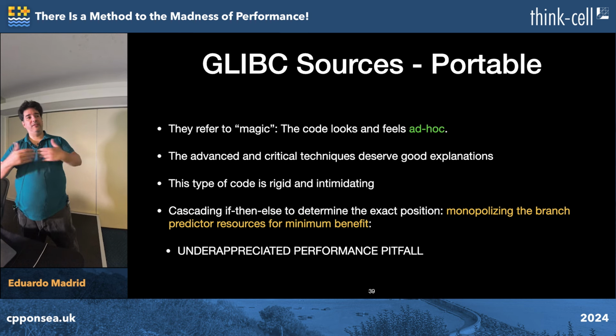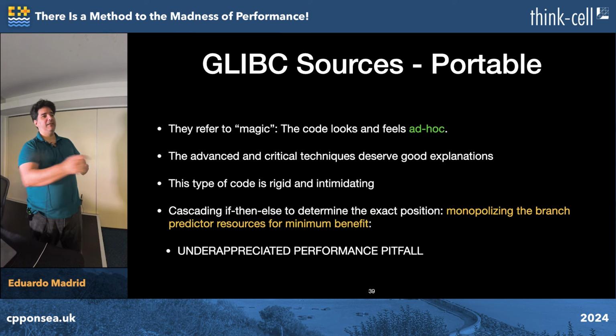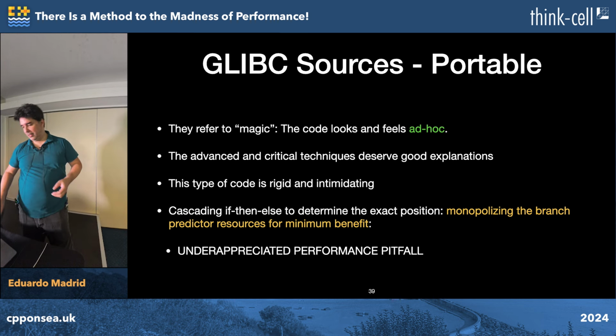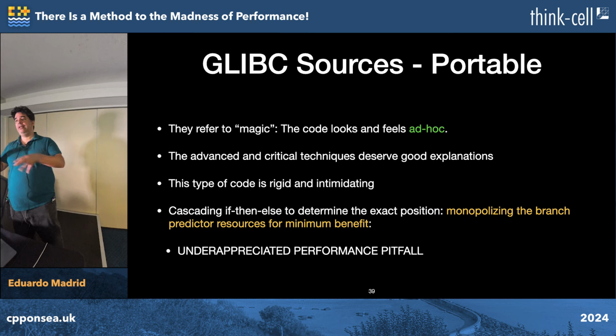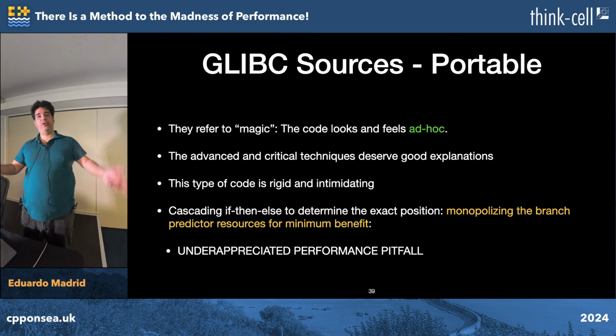You can naturally see what's going on, and therefore you feel amenable to saying, oh yeah, I'm just going to make this change because I know that it's going to be beneficial. And the cascade of if-then-elses is a very important performance pitfall as time goes on, because branch prediction in modern architectures is ever more important.